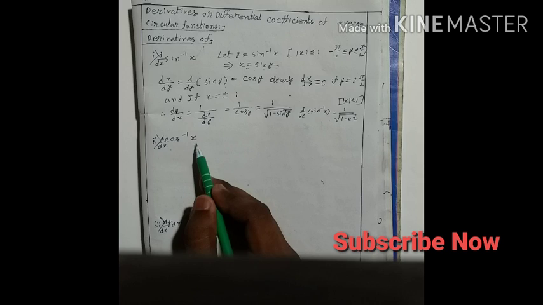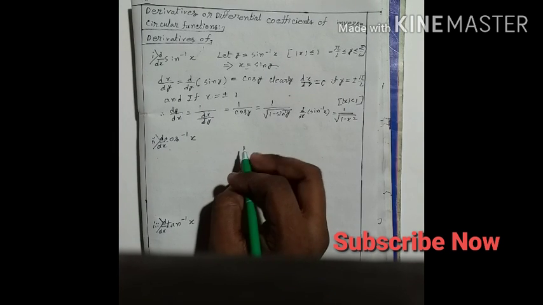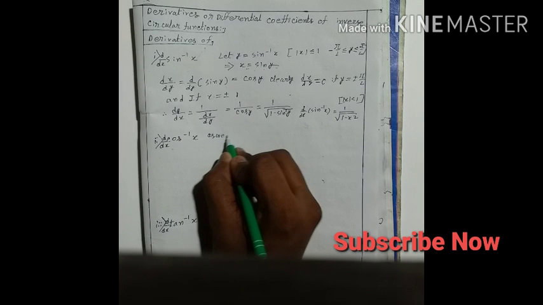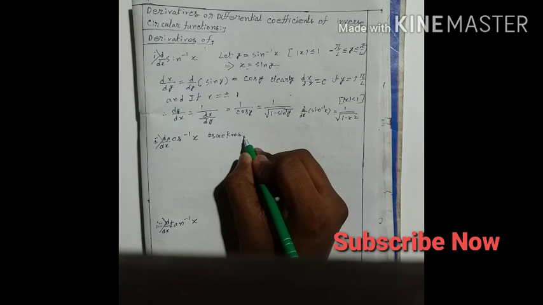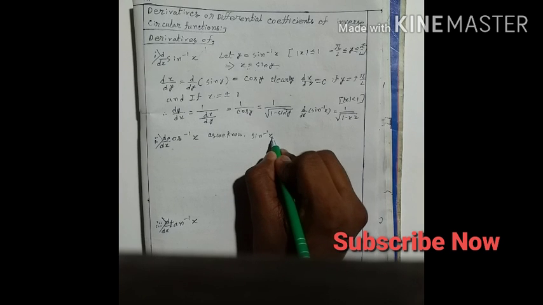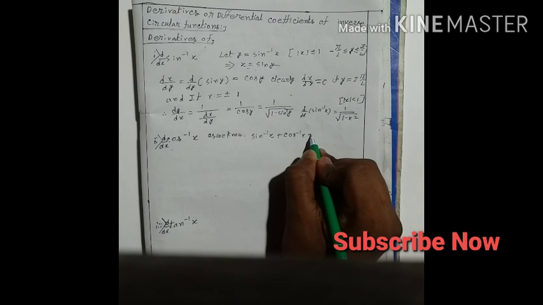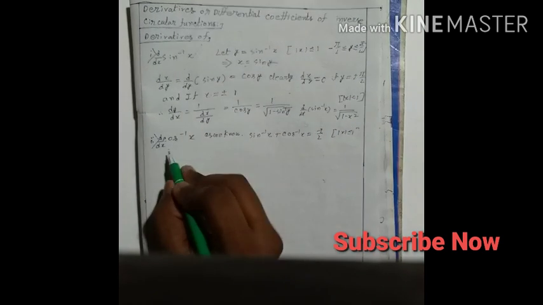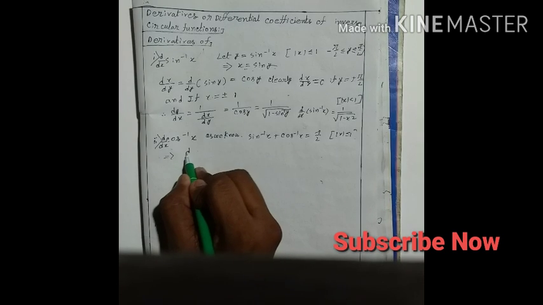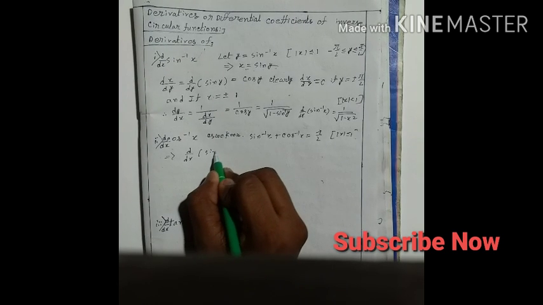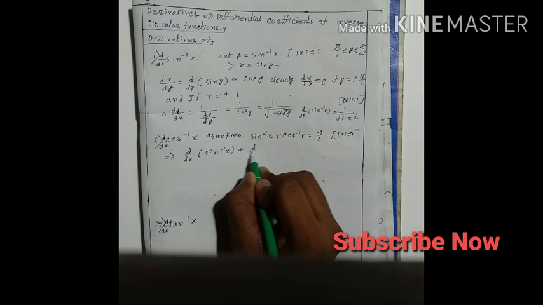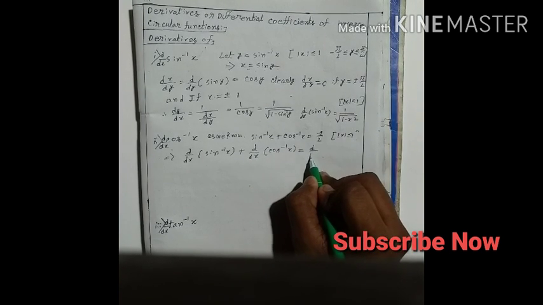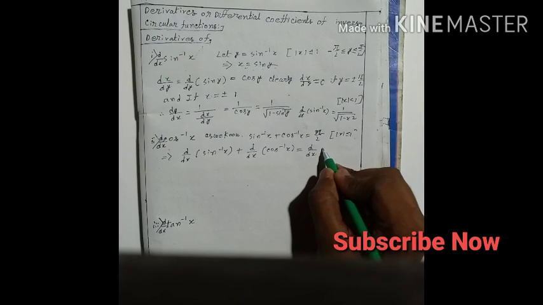Next is the derivative of cos inverse x. As we know, sine inverse x plus cos inverse x is equal to pi by 2, where mod x is less than or equal to 1. This implies d by dx of sine inverse x plus d by dx of cos inverse x is equal to d by dx of pi by 2.